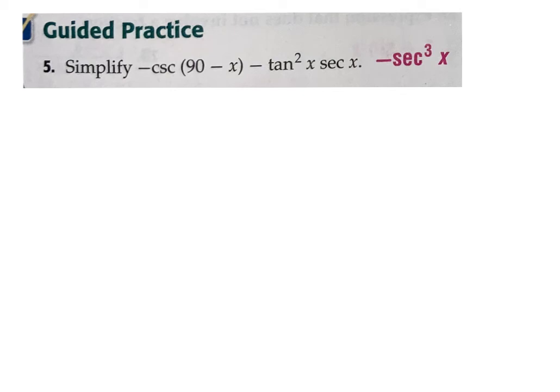All right, so if you look at your cofunction identities, right, the first thing you can do is you can see this guy. The cosecant of 90 minus x translates to what? Cosecant of 90 minus x is now what? Secant. So I have negative secant of x minus tangent squared of x secant of x.